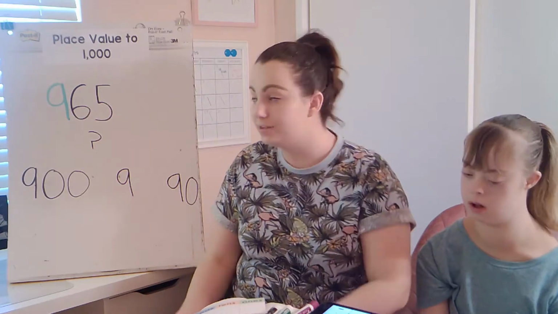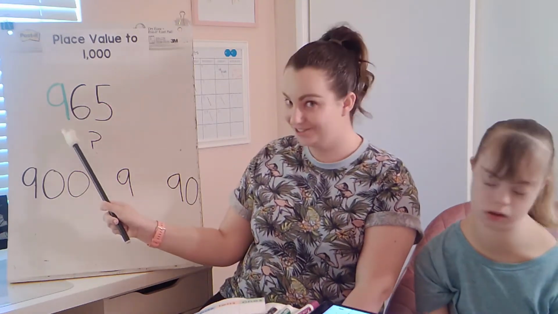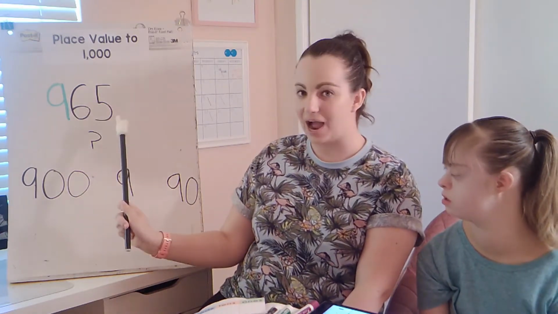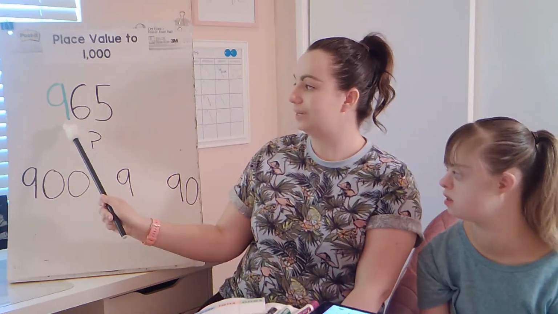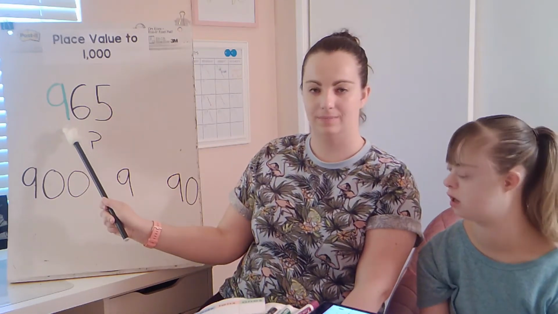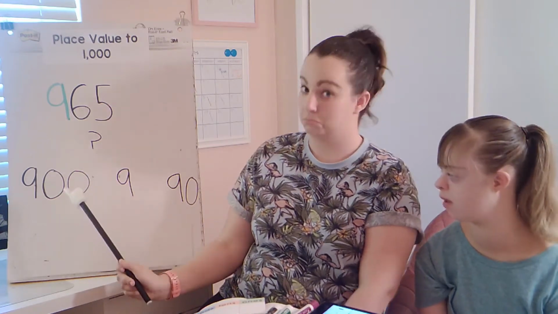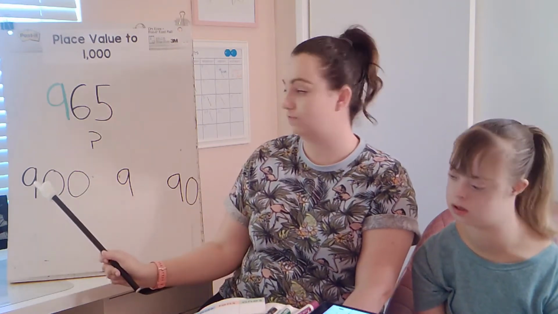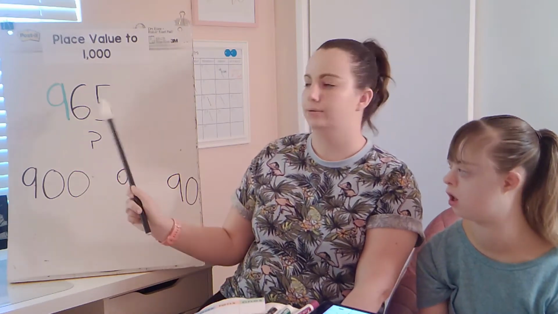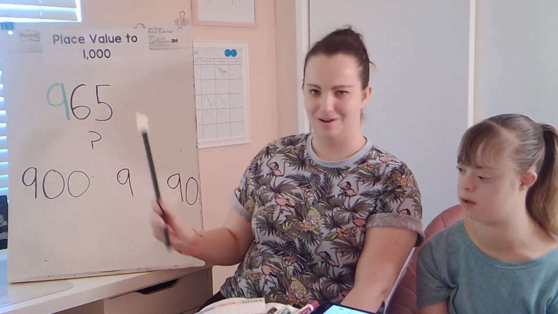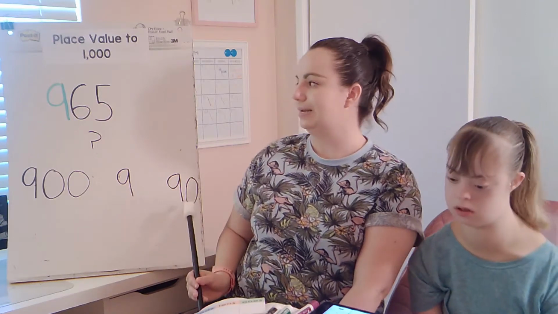I'm going to give you a big hint. How you say this number, 965, that right there helps tell you what place value that 9 is. Is it 900, like we say 965? Or is it just 9? Do we just say 965? Or is it 90?